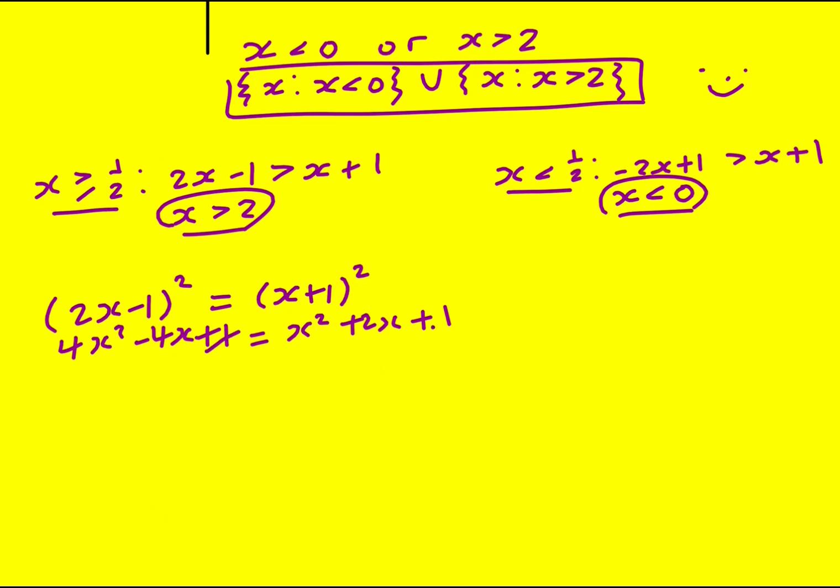The 1's cancel. Going to get 3x squared minus 6x equals 0. And that way we get x equals 0 or 2.